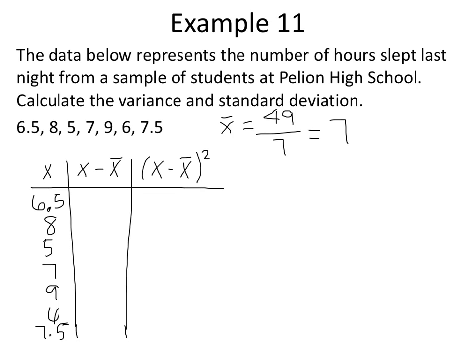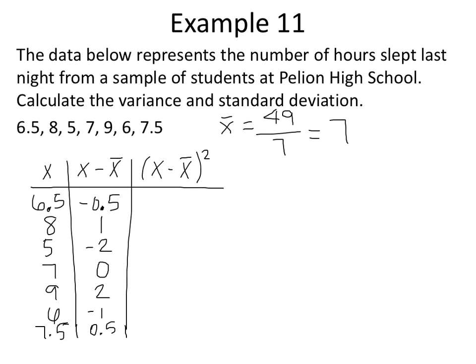So next we're going to take each x value and subtract our mean. So 6.5 minus 7 would be negative 0.5, 8 minus 7 would be 1, 5 minus 7 would be negative 2, and we're going to do this for the rest of our chart.